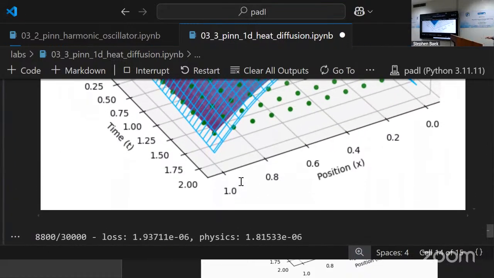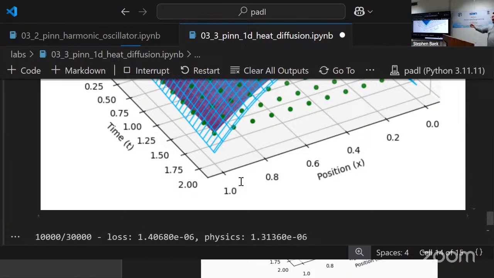That's a great question. In theory, you should be able to predict beyond the time, in this case 2 seconds. So you should be able to just plug in 5 seconds and the neural network will spit out something.